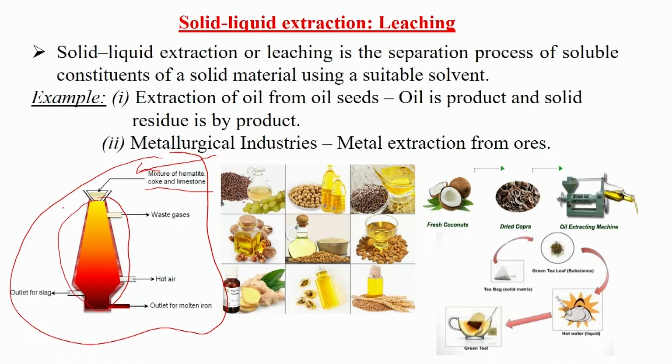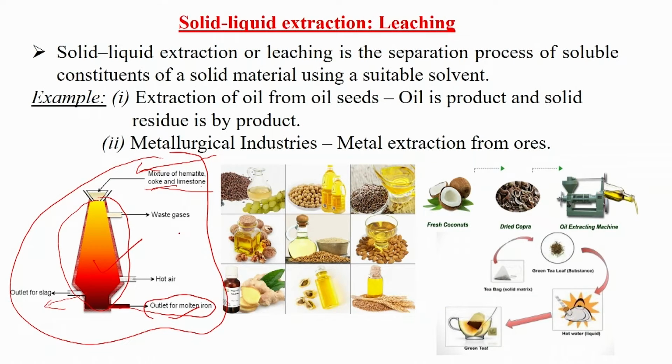The ores are extracted with the help of coke and limestone, and from the outlet the molten iron is separated as the product, and the slag is left out, which is the underflow. We will discuss this whenever we discuss solid liquid extraction.